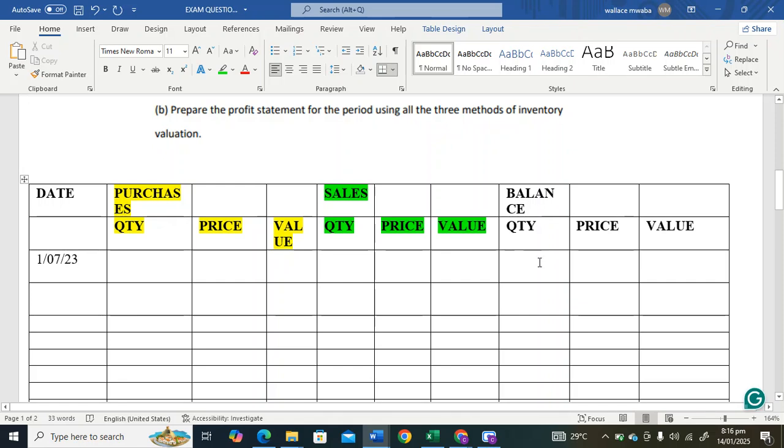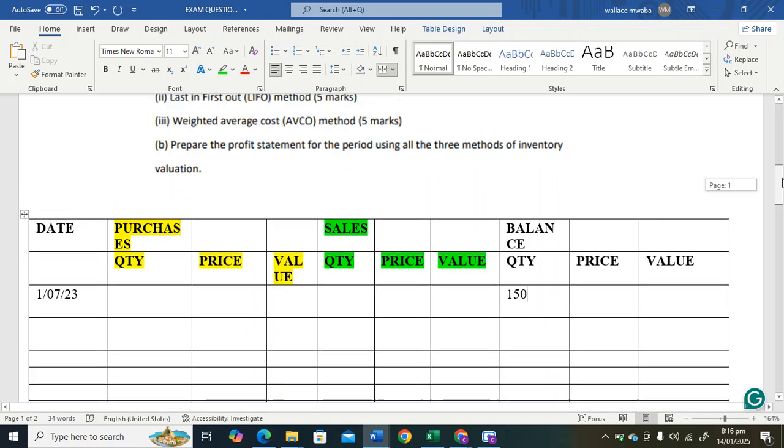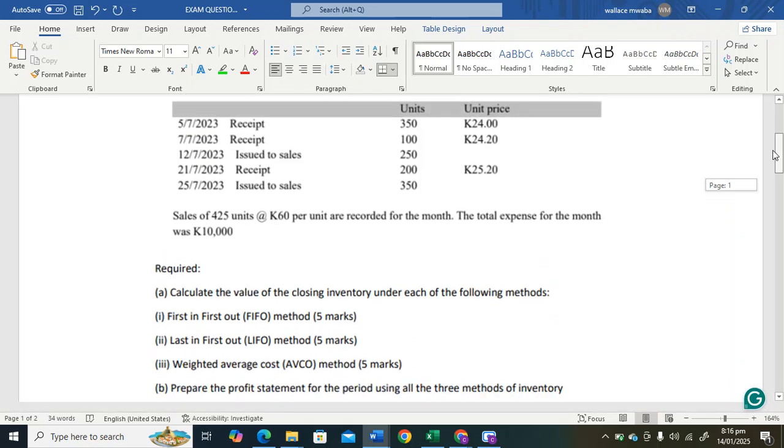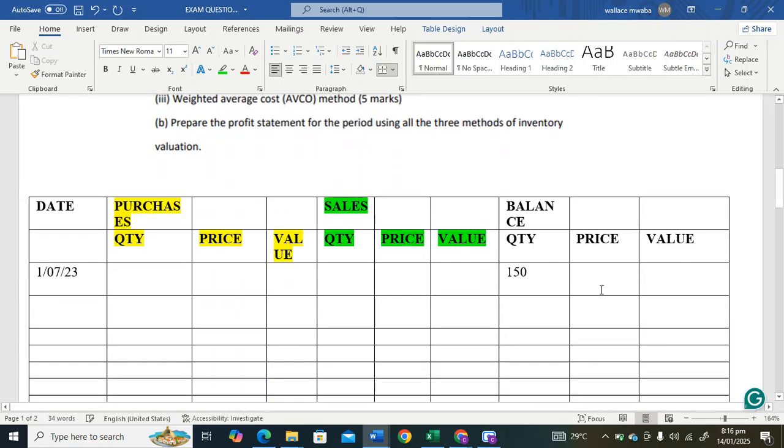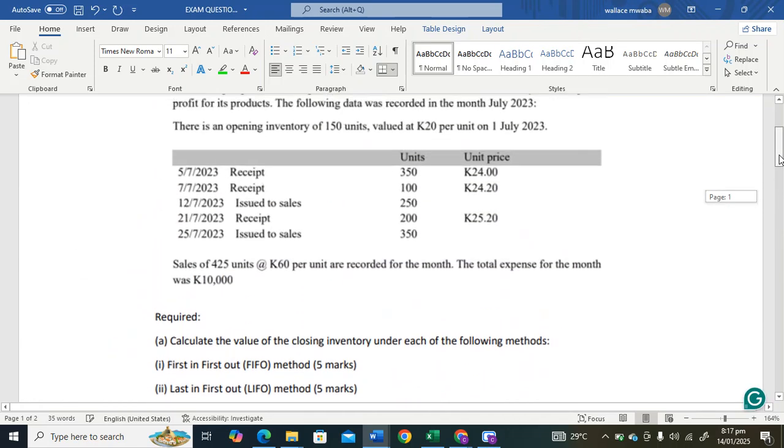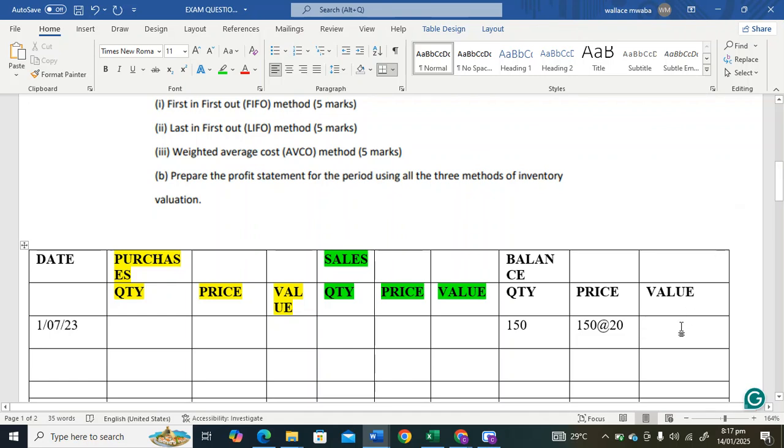Our opening inventory, we have 150 units, each of them valued at 20 kwacha per unit. 150 times 20 kwacha is 3,000 kwacha. So this is the value of our opening inventory.